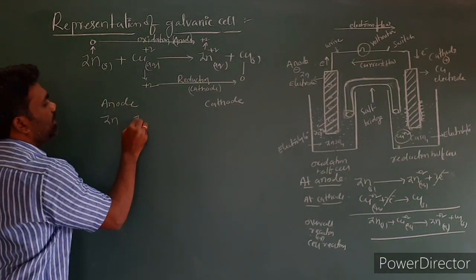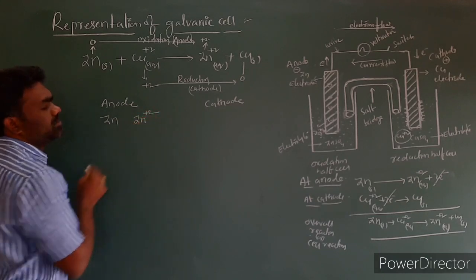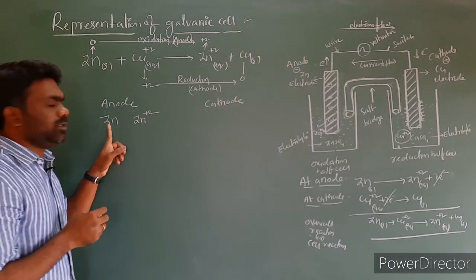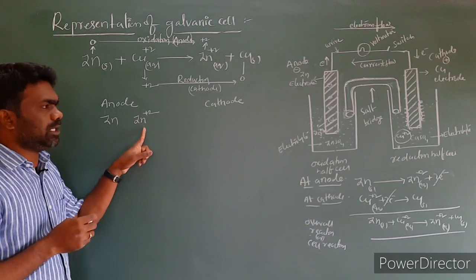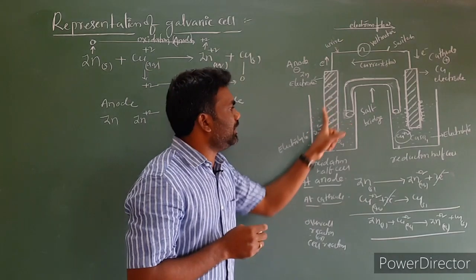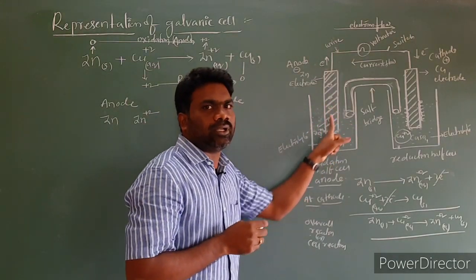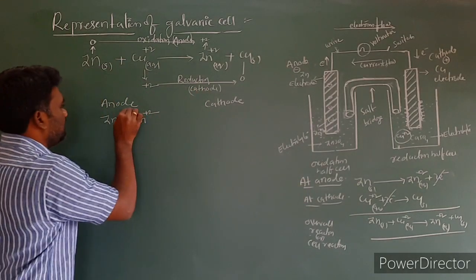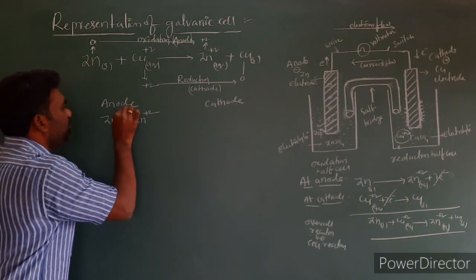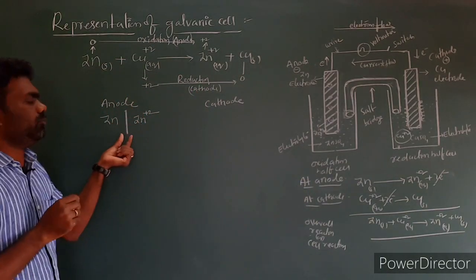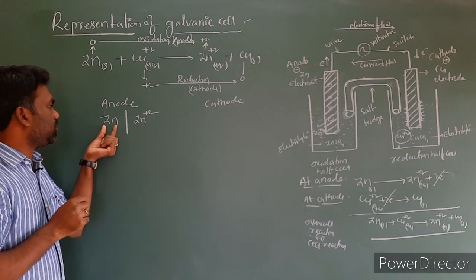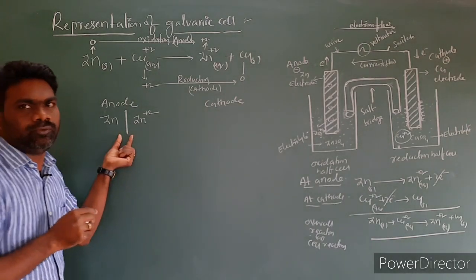This Zn is the electrode and this Zn plus 2 is the electrolyte. Between the electrode and the electrolyte we have to put a vertical line.